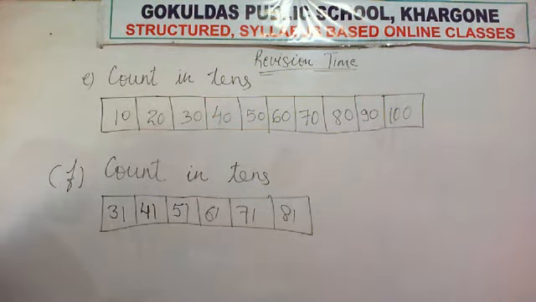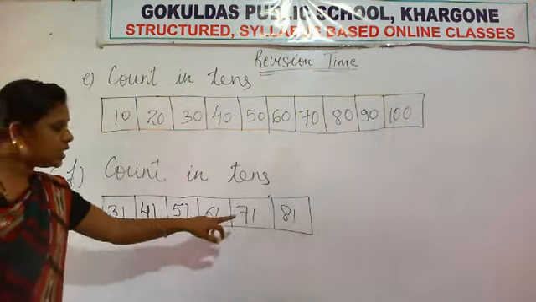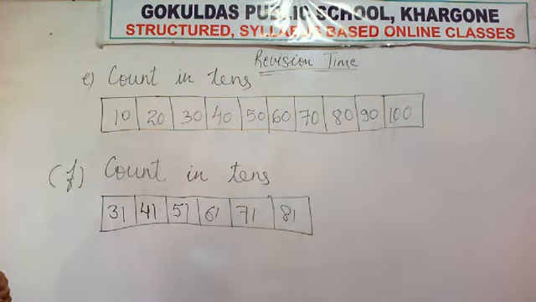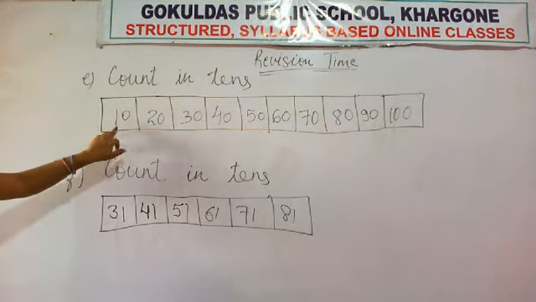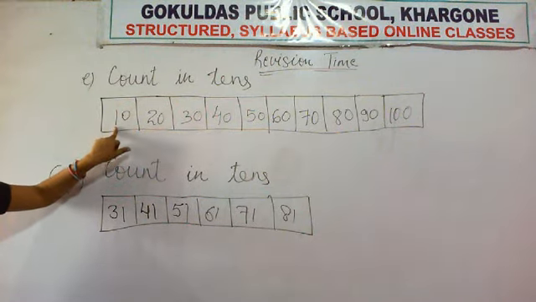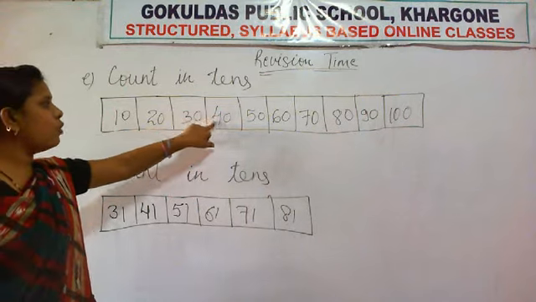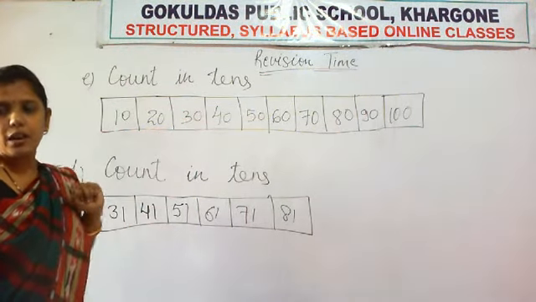So while you are counting in tens, only your tens place digit is changing. What is happening? When you write the numbers counting in tens, the 0 stays as it is, only the number in front is changing. After 1, 2 comes, then 3, then 4, then 5. Are you understanding?